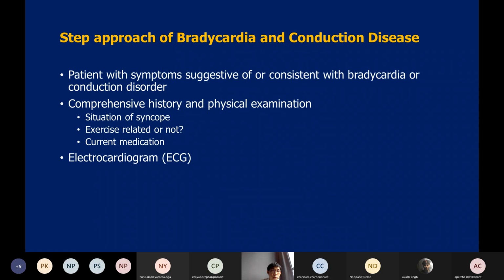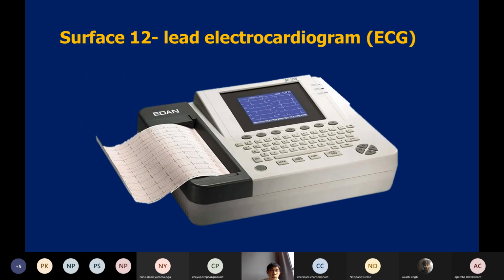The first thing you would encounter is the patient coming in with symptoms that suggest bradycardia. Then we do a comprehensive history and physical examination to confirm whether these symptoms are related to the bradycardia. The first investigation we have to do is the ECG, the electrocardiogram that we talked about in the last session, the surface 12-lead ECG.